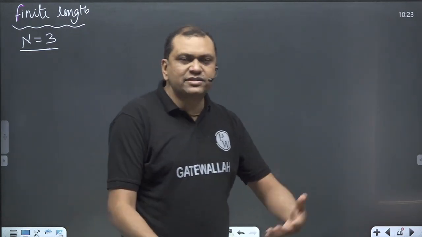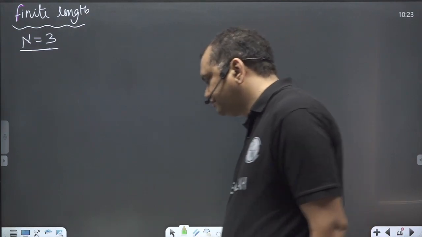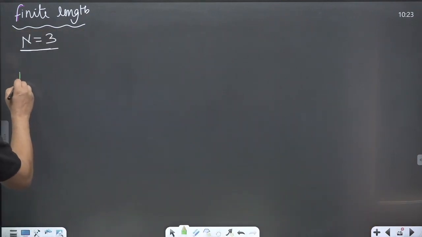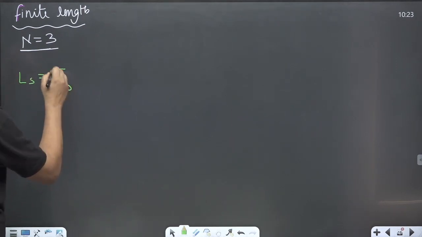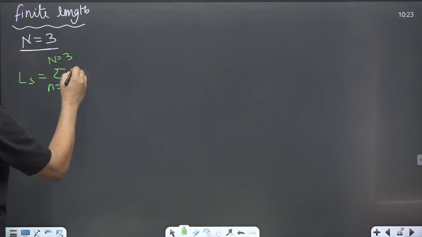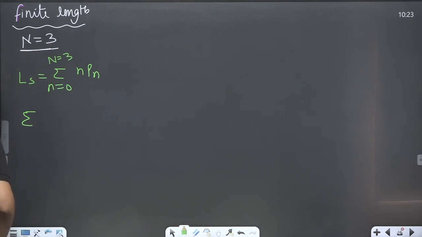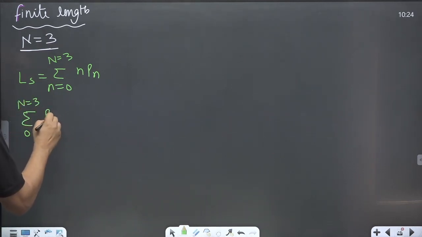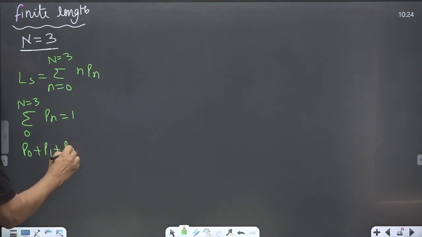Purposefully, I am taking this route so that you understand the role of LS. So LS is nothing but summation n equals 0 to 3 of n Pn, and summation of Pn will be equal to 1. So P0 plus P1 plus P2 plus P3 is equal to 1.